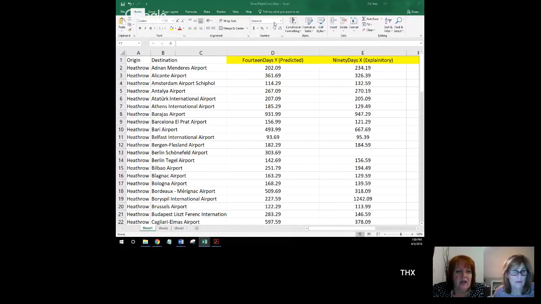Okay, so in my QIP, my explanatory variable and my response variable are which is going to be 90 days and which is going to be 14 days. She recorded the lowest published fares for 90 nonstop flights at 90 days and 14 days, and then found the lowest published price at the same destination for 14. Right. So which is my X and which is my Y?